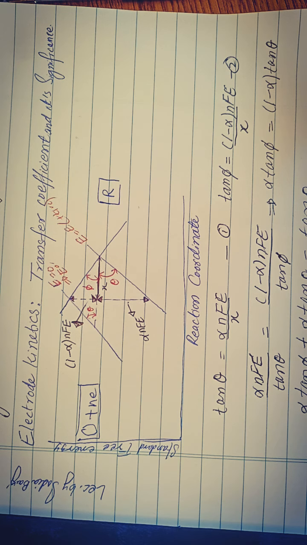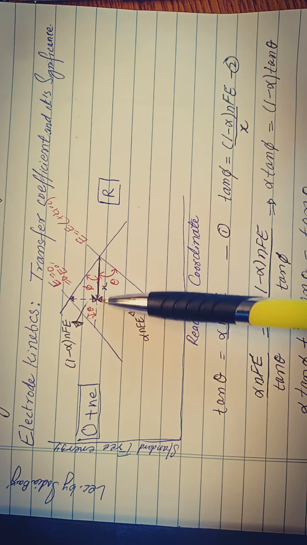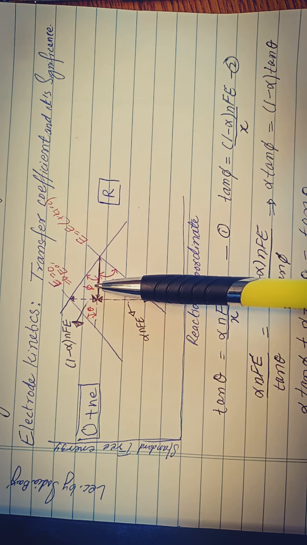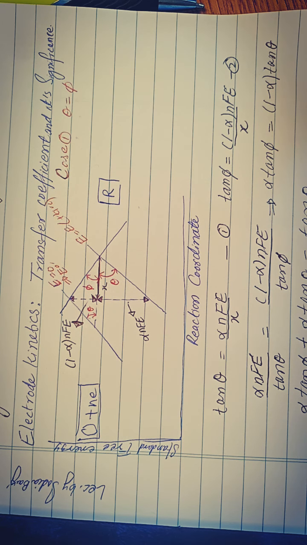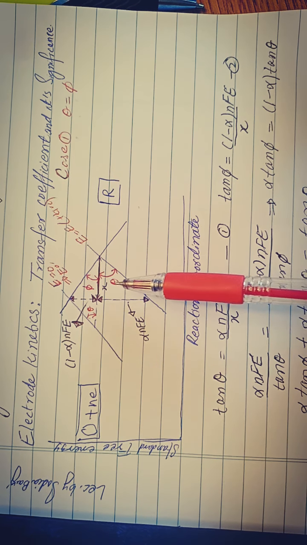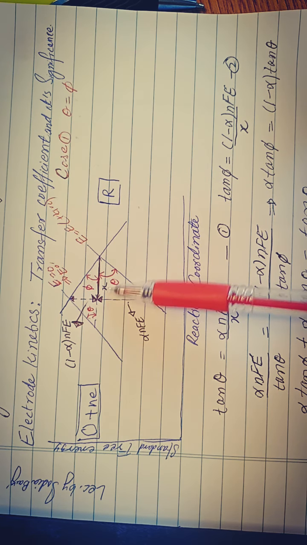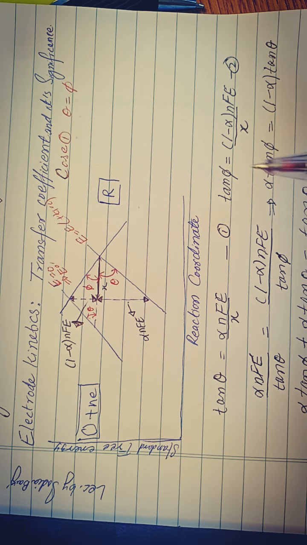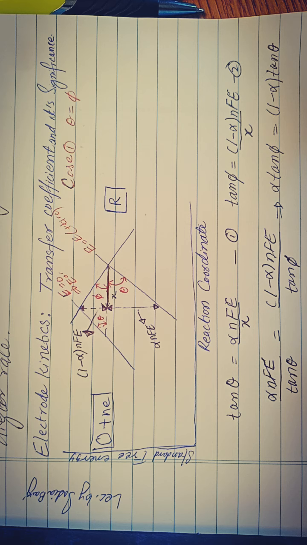Now consider a few points. The first one is, if this intersection is symmetrical, then the angles theta and phi are equal. This is case 1, in which the intersection is symmetrical. For this case, the value of alpha calculated using equation 3 will be equal to half.